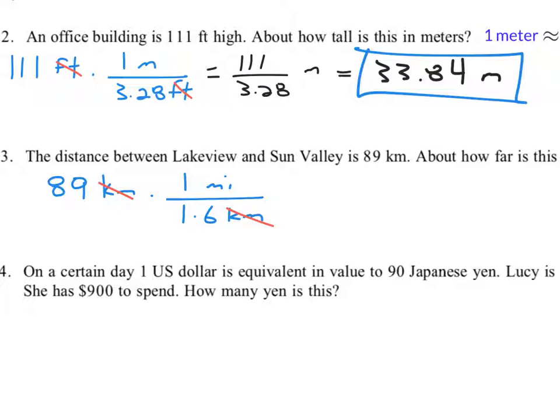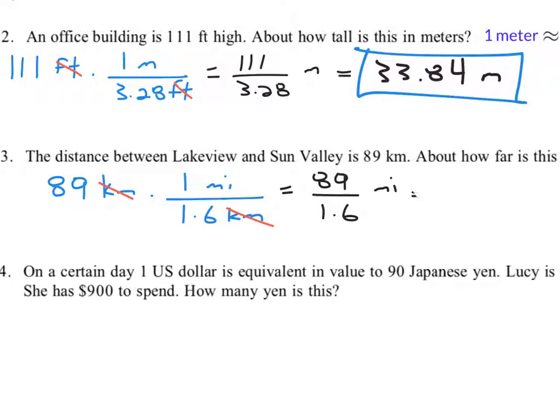The kilometers cancels out, and we get 89 over 1.6, and what are the units? The units are miles. Okay, we need to divide that, 89 divided by 1.6, and it works out to be a crazy number.